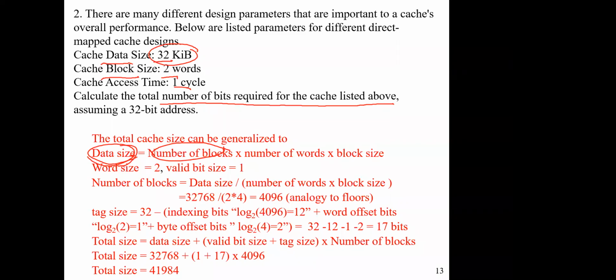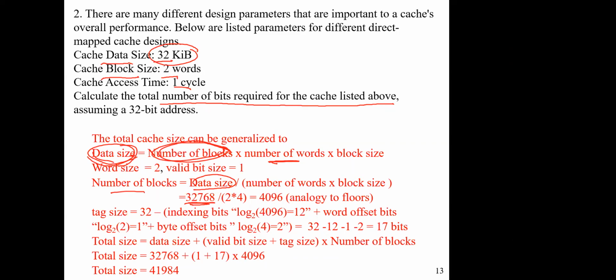What is the total number of rooms in each floor? The total number of rooms of each floor will be the number of words that I have multiplied by the number of bytes inside that particular word. In another sense, I will calculate the number of blocks from the data size, which is 32K, and 32K, by the way, is 32 multiplied by 1024.